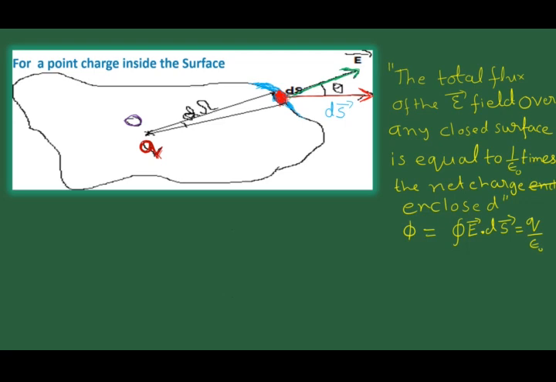Now let us calculate the electric field at this point by Coulomb's law. That electric field must be equal to 1 over 4 pi epsilon naught, q by r square into r cap, where r cap is the unit vector joining ds and q.